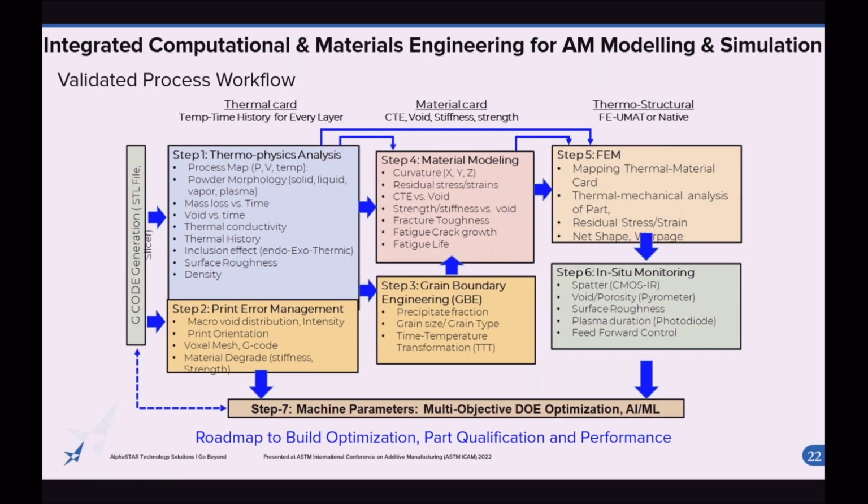And one other component, being the seventh component, would be selection and identification of machine parameters using optimization techniques. Could be advanced artificial intelligence or machine learning options.